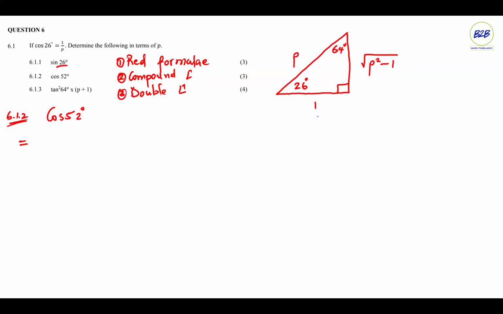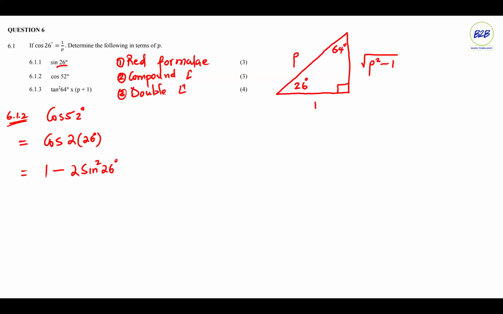How do we see that? We see that actually 52 degrees can be rewritten as 2 times 26 degrees. You press in your calculator, 2 times 26 degrees, you must then get 52 degrees. So that leads us to the double angle of cos. And what is the expression for that? It could be 1 minus 2 sine squared 26 degrees.